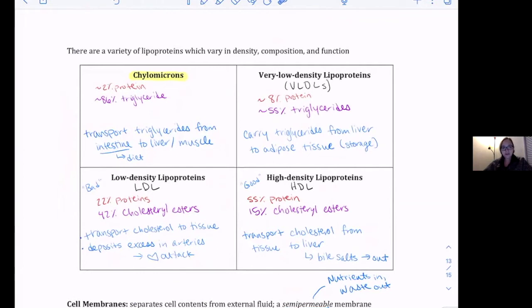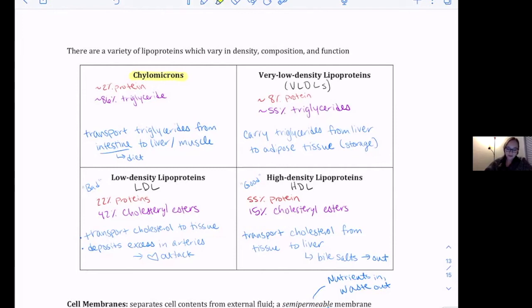These transport triglycerides from intestines, so from our diet, takes our triglycerides and takes them to our liver or our muscle cells to be transformed there or used however they're going to be used.